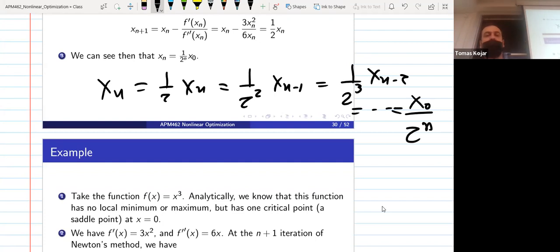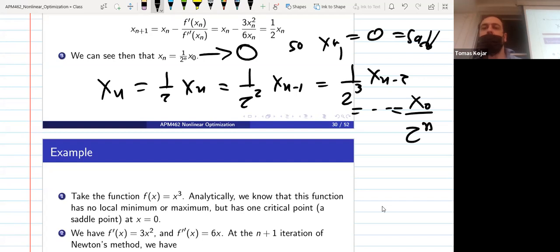So as we take the limit, this goes to 0, regardless of what x naught is. Okay? So x star is 0, which is a saddle, but it's not a local min. Do you understand? The method gave you the stationary point. It did not give you a local min.